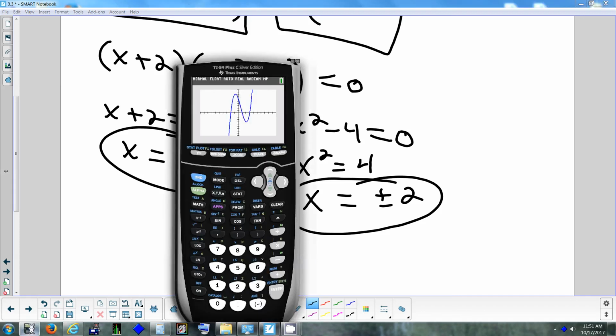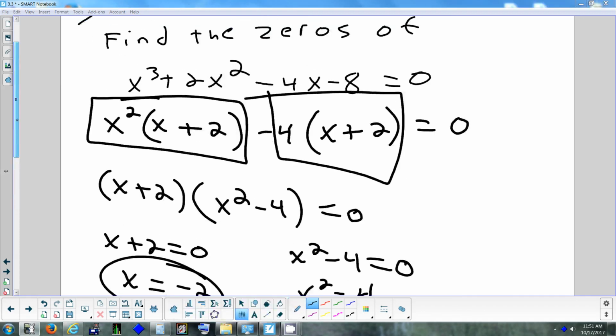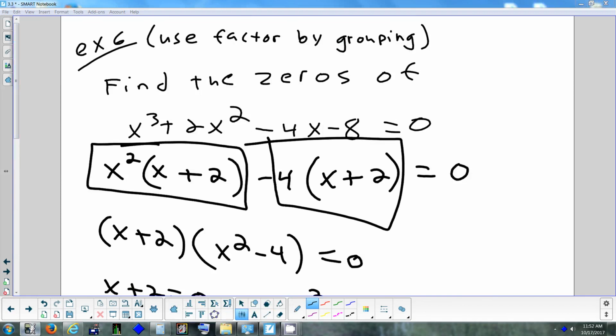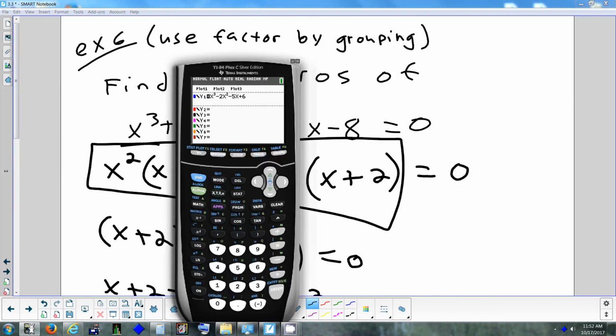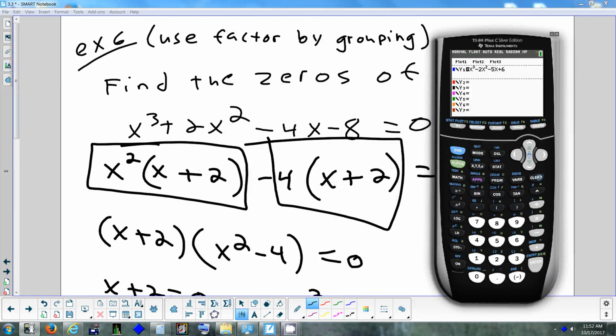When you look at a graph, let me graph that so you can see what a double root looks like. X cubed plus 2x squared minus 4x minus 8. So how many times is this one going to cross the x-axis?